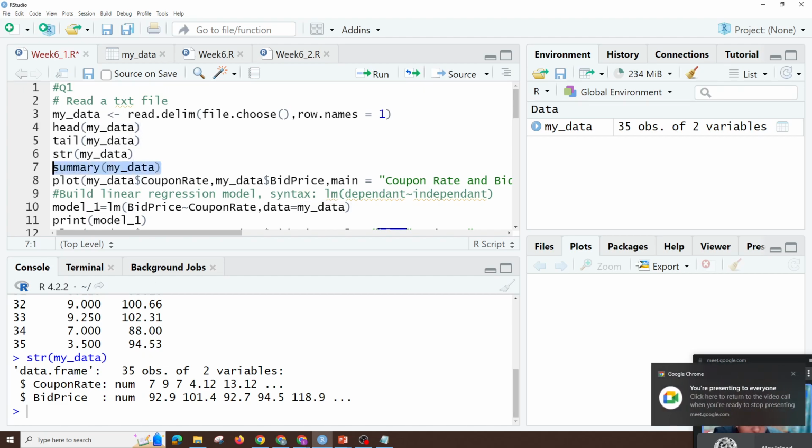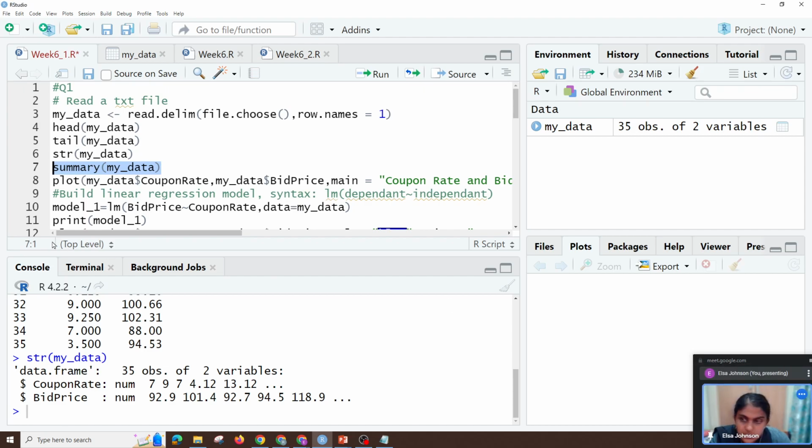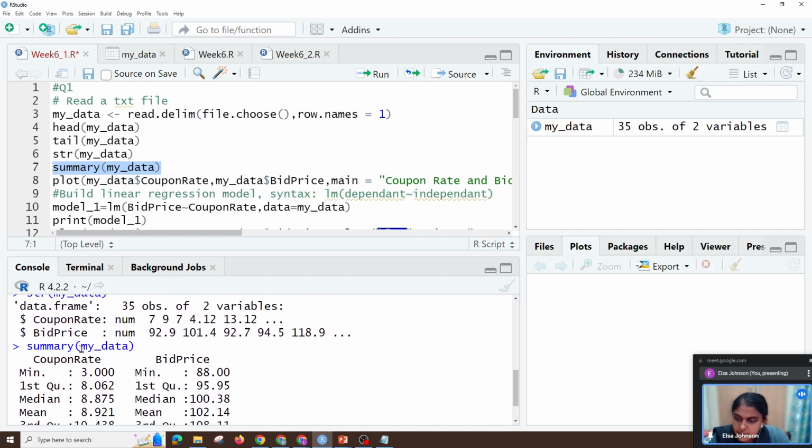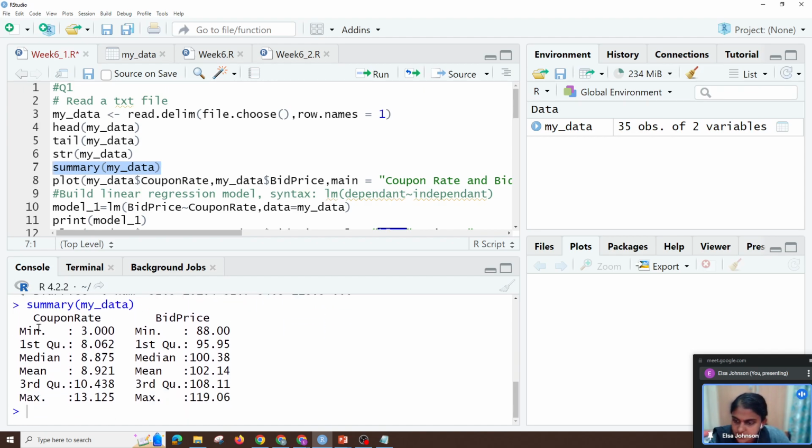And if you want to see the summary of the data, this will show you the distribution of the data: its minimum value, maximum value, then first quartile, median, mean, third quartile. I think I have explained quartiles in the previous lectures. So all these values will be seen by summary.